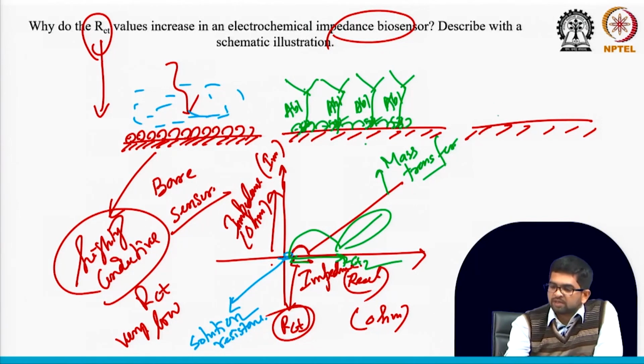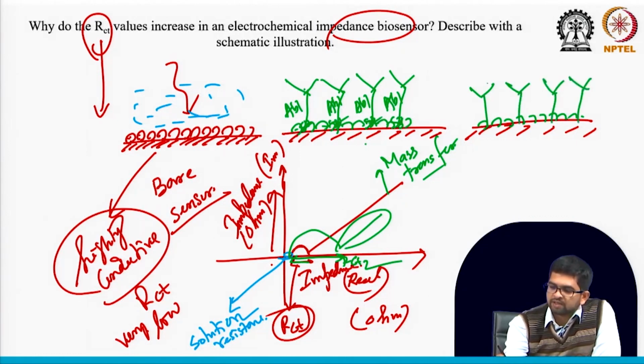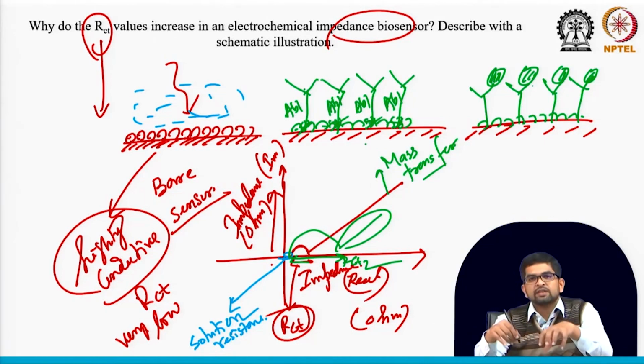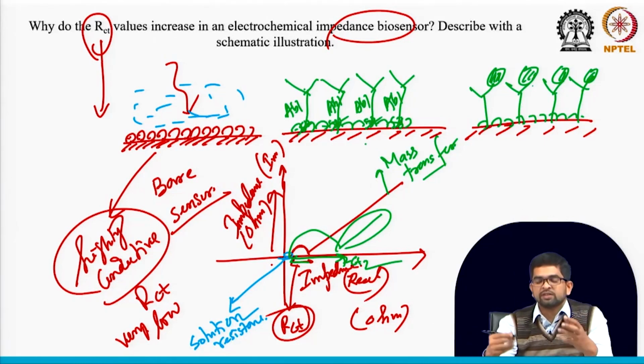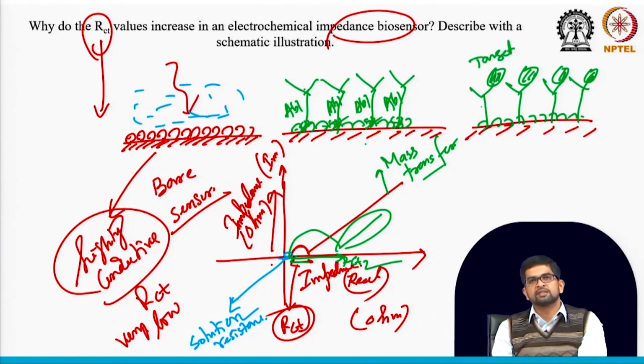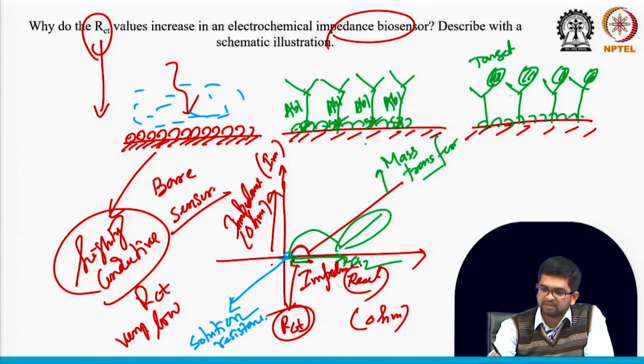Now, the third step. When you add your real sample that contains your target, it will bind because of the antigen-antibody interaction. So definitely there will be again some hindrance of the electron transfer rate.